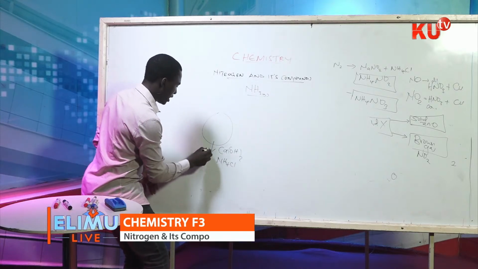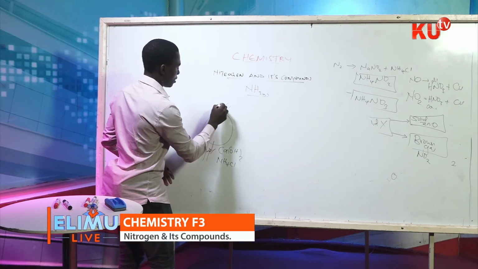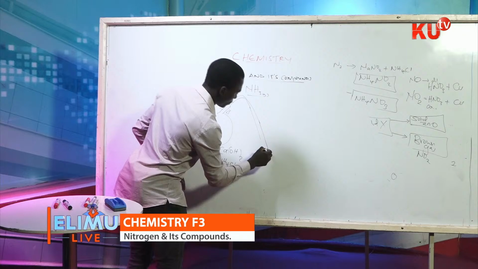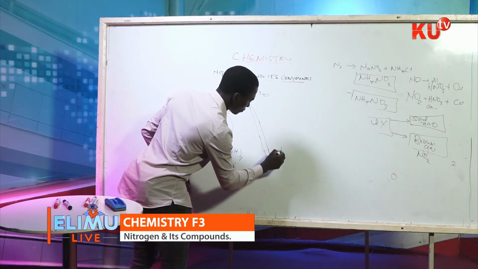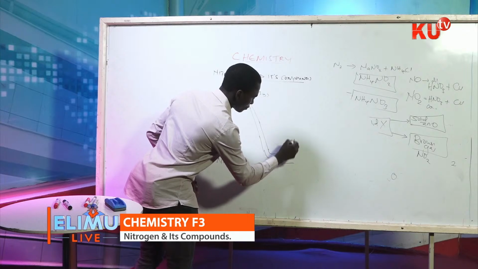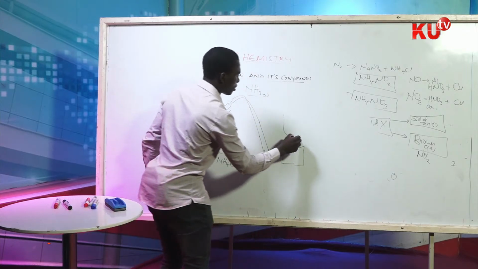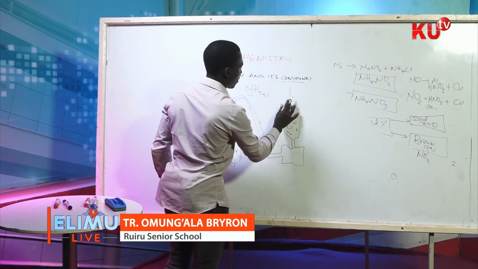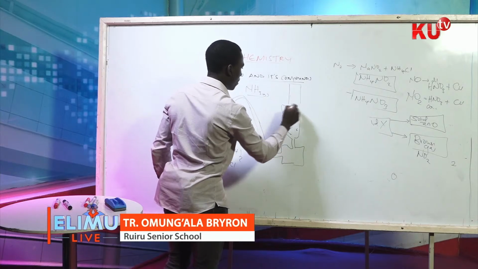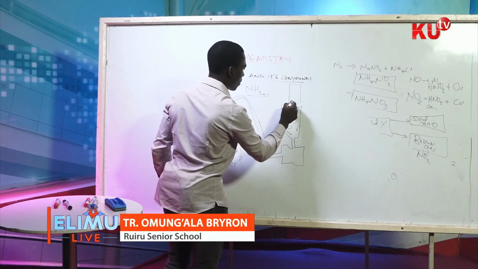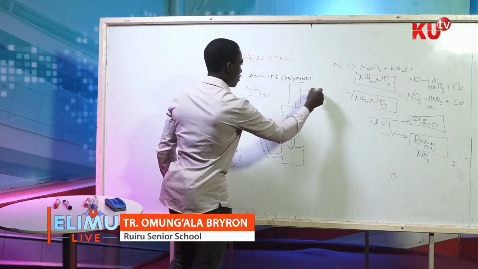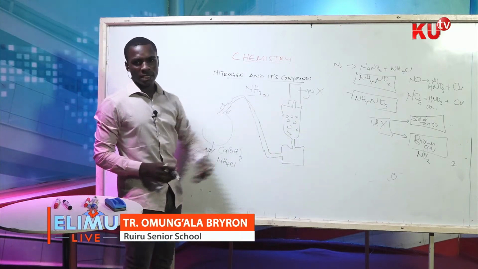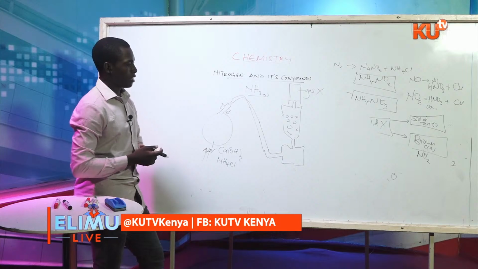So when we heat these ones, they should help us obtain a gas X, and you know that we are preparing ammonia gas, so automatically gas X is ammonia gas. But there are a few things I want you to note here, because this question is very common.